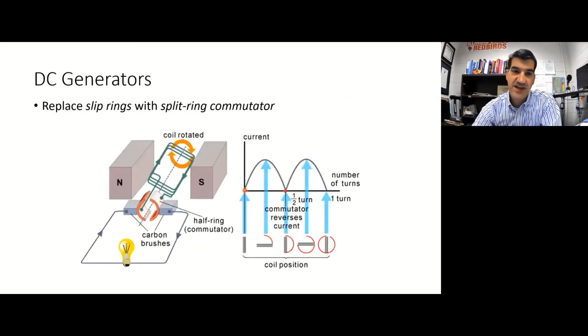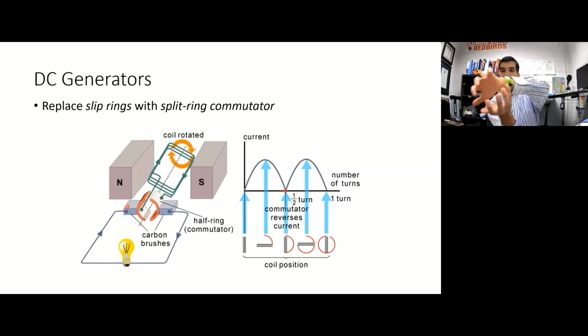Here's another picture of that. Here's our armature that's rotating around. And you can see this side of the armature is connected to this segment of the split ring commutator, and this side of the armature is connected to this other segment. That split ring commutator rotates around with the armature. So right now, this side of the armature is connected through the split ring commutator to this brush.